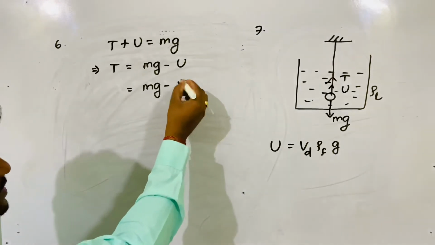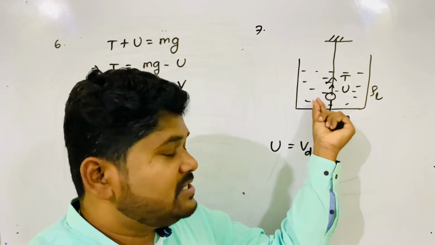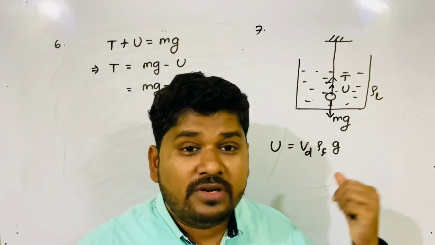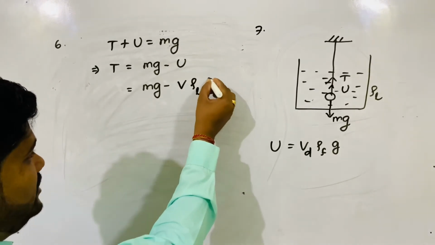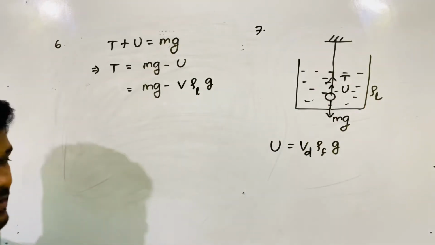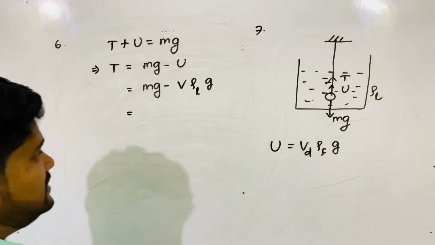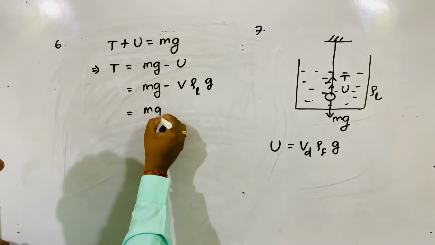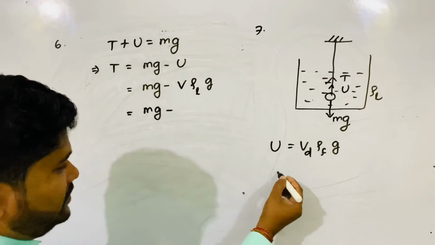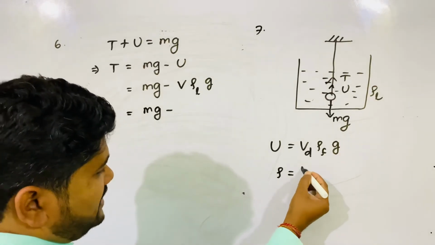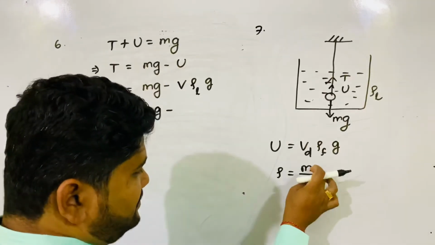What will I put here? V. Why V? Because the displaced fluid volume is equal to the volume of the pendulum. Then ρf means ρL, the liquid density, into g. Then in place of the volume of the pendulum, we know density of the pendulum is equal to its mass by its volume. ρ is the density of the pendulum, mass by volume.